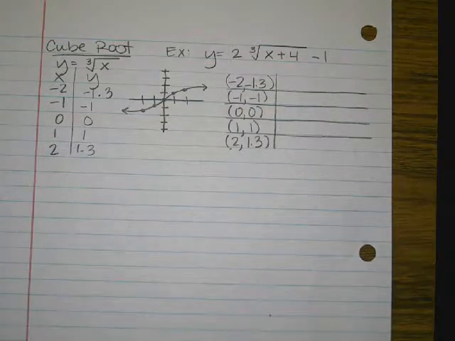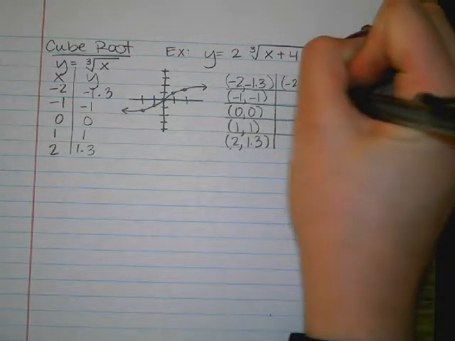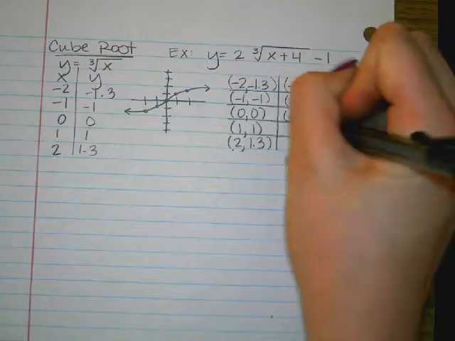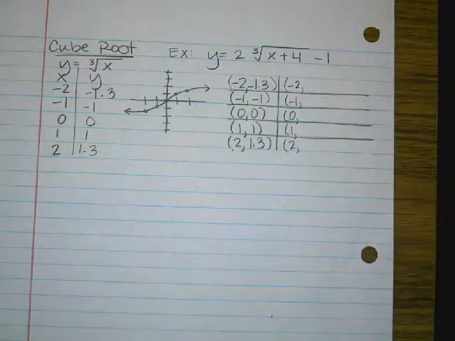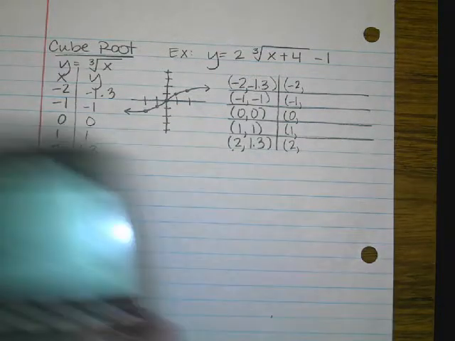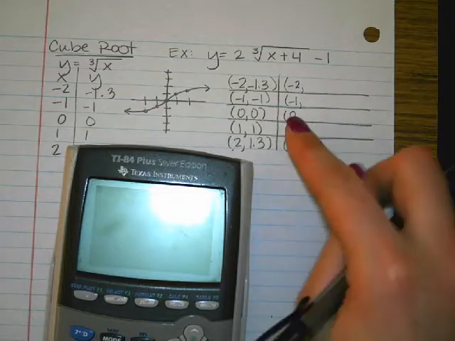Apologies. All right, so the first transformation you can see is what? Stretch of 2. So the x coordinates are going to stay the same, right? And then my y coordinates are going to multiply by 2. You don't have to go back to any of them except for the one with the decimal.